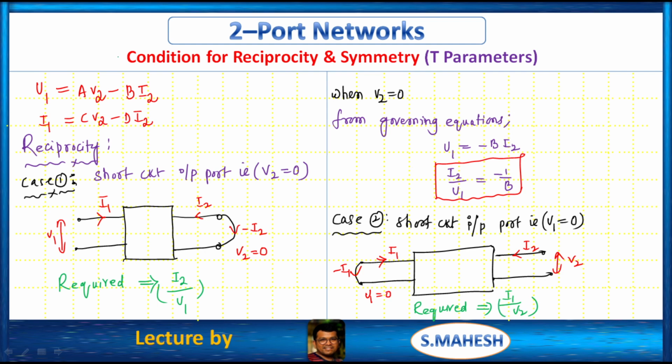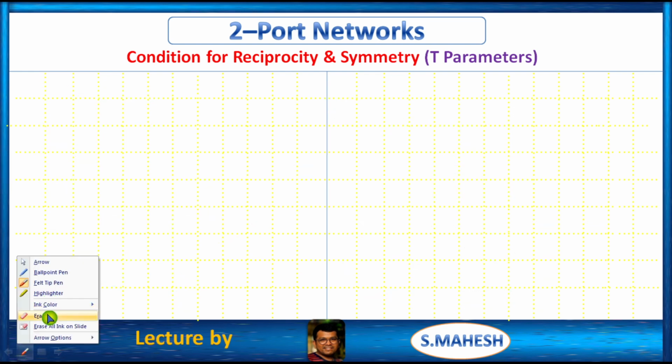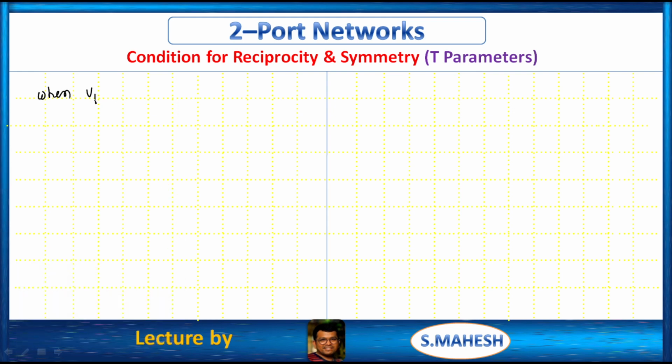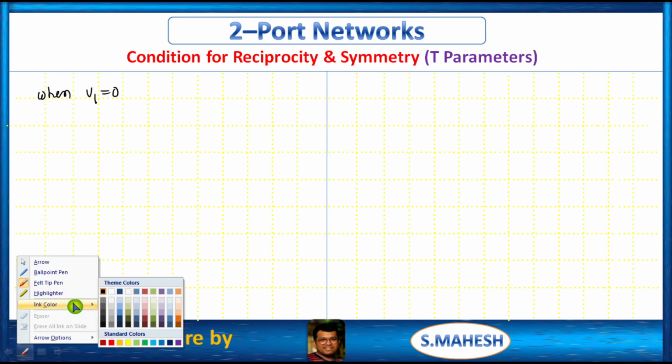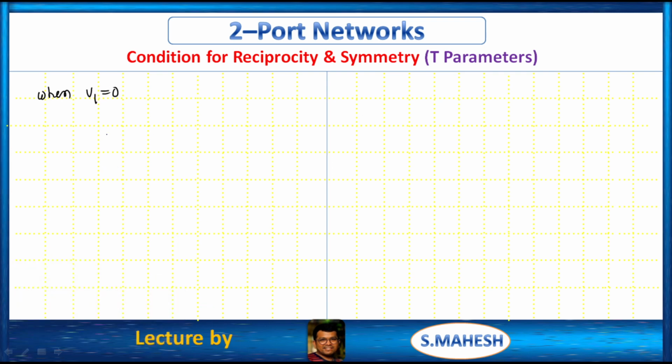When V1 equals 0, we have 0 equals AV2 minus BI2. This is one of the equations. Like that, I1 equals CV2 minus DI2. Only in equation 1 the input supply voltage should be equal to 0. Therefore, we will get the current I2 from this.